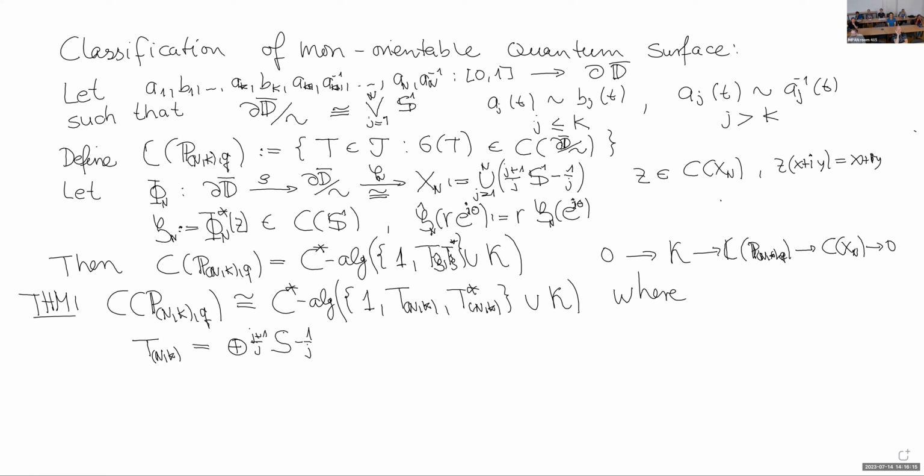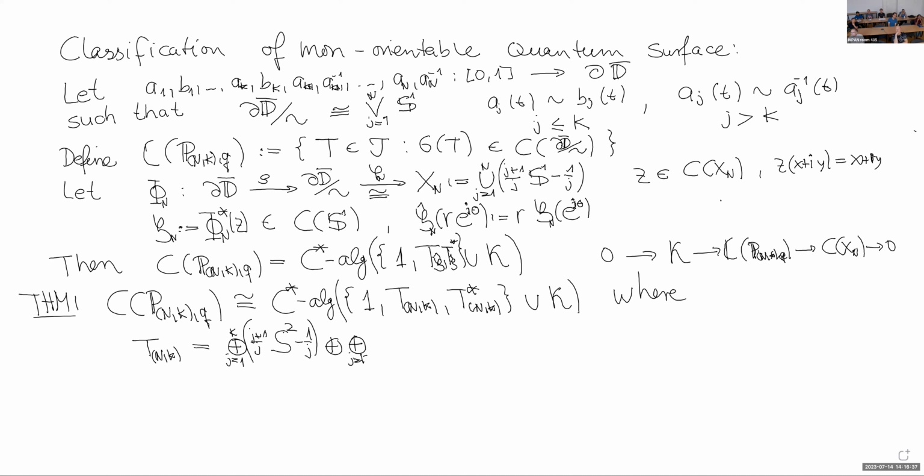So in that S squared, j equals 1 to k. So this is one operator, so one set of operators, and then the rest will be again the bilateral shift, the unitary operator.